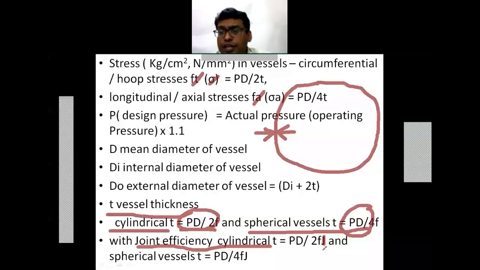Then we have to add the joint efficiency in this case. J is the joint efficiency. So thickness will be equal to PD upon 2fJ. And for the case of a spherical vessel, the thickness is equal to PD upon 4fJ.